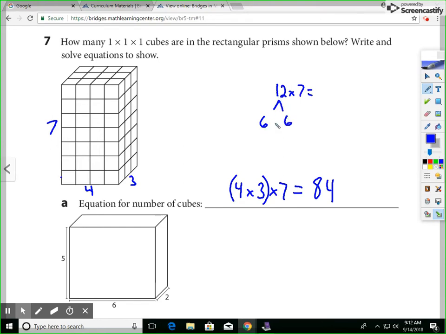Make 12. So then they have 6 times 7 is 42. 6 times 7 again is 42. So it'll look like this. 6 times 7, add on 6 times 7. You get 42 plus 42, which is still 84. So they break the 12 into 6 and 6, which is awesome.